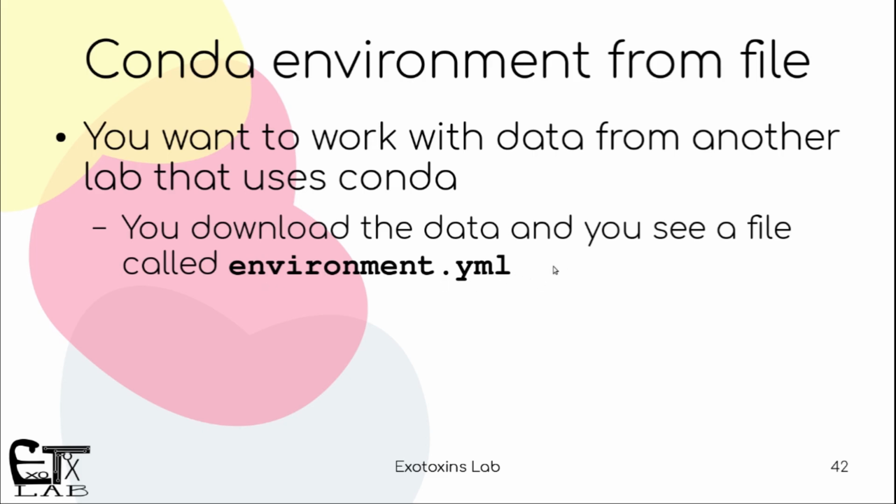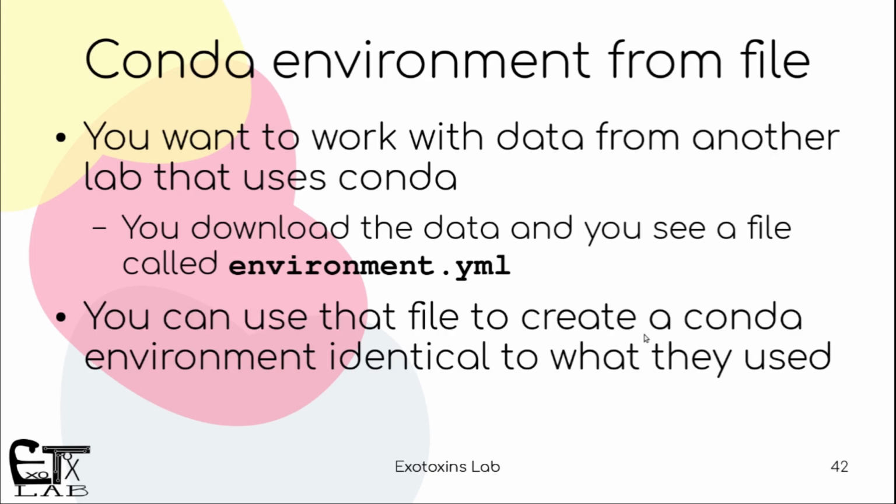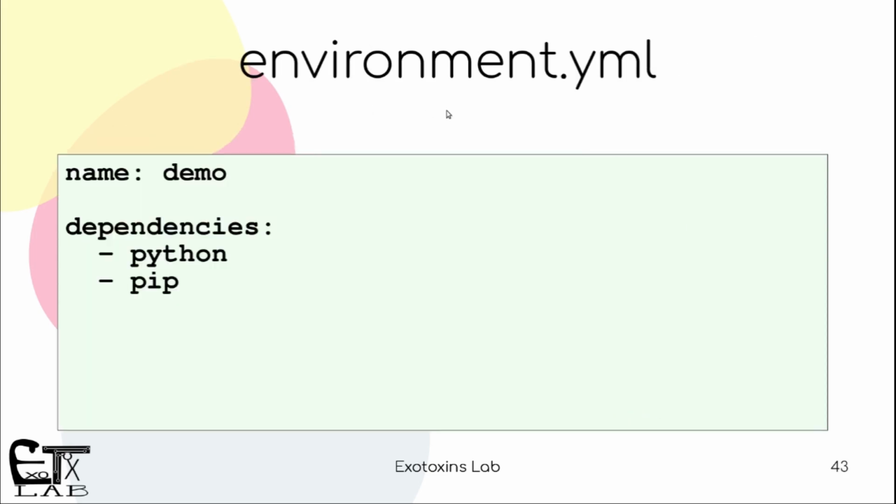Sometimes they call it YAML, but it's basically a file that allows you to reproduce your own environment based on what they used. You use that file to create the conda environment. This is how a very simple YAML file looks. This is the one I've been using for the demo. We just have a name and the dependencies that are necessary. I want to install Python and pip, which is a program used for Python.